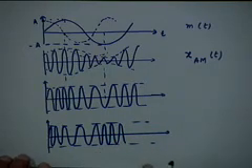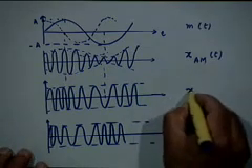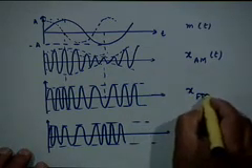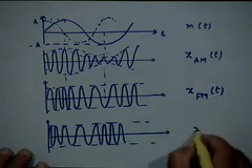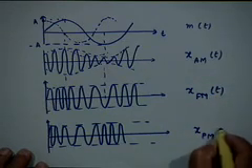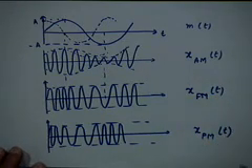So this is x_FM(t), and this is x_PM(t). Are you with me? So if you have understood these waveforms, you have basically understood the nature of the FM and PM signals.